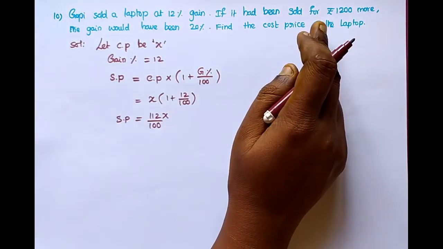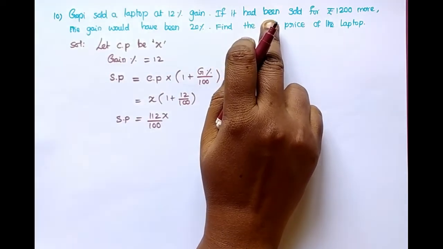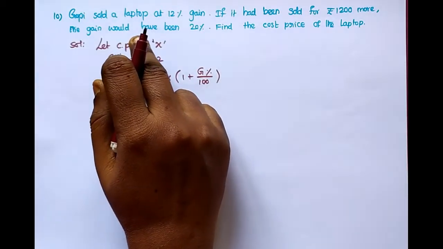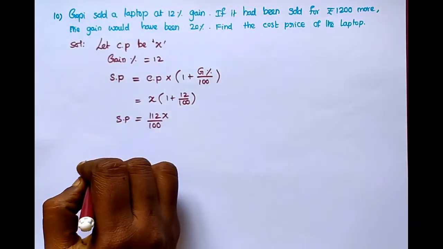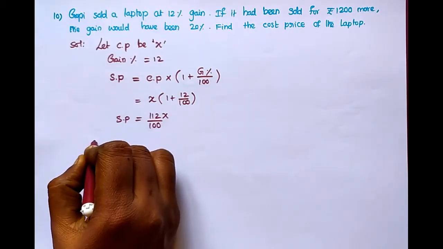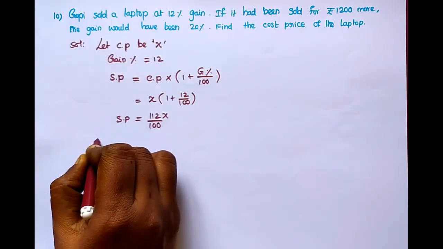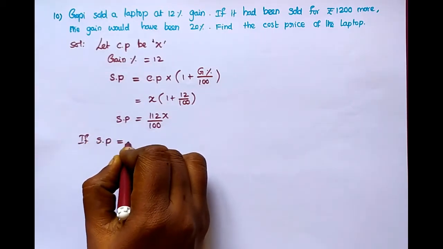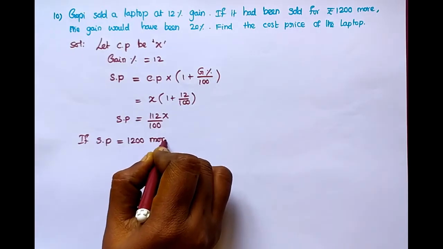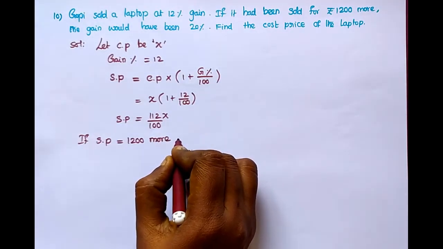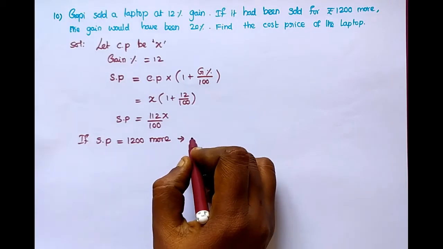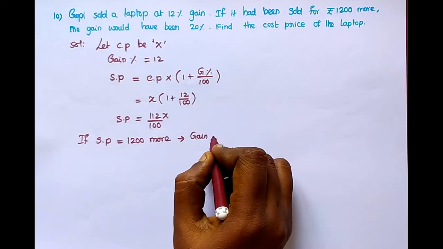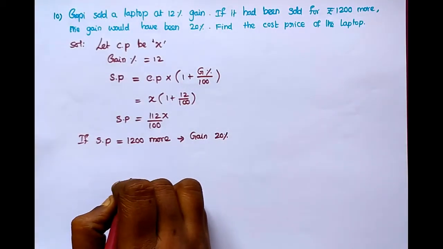Listen, one more thing they have given: if he had sold for rupees 1200 more, the gain would have been 20%. So if the selling price is 1200 more, the gain percentage is 20%.